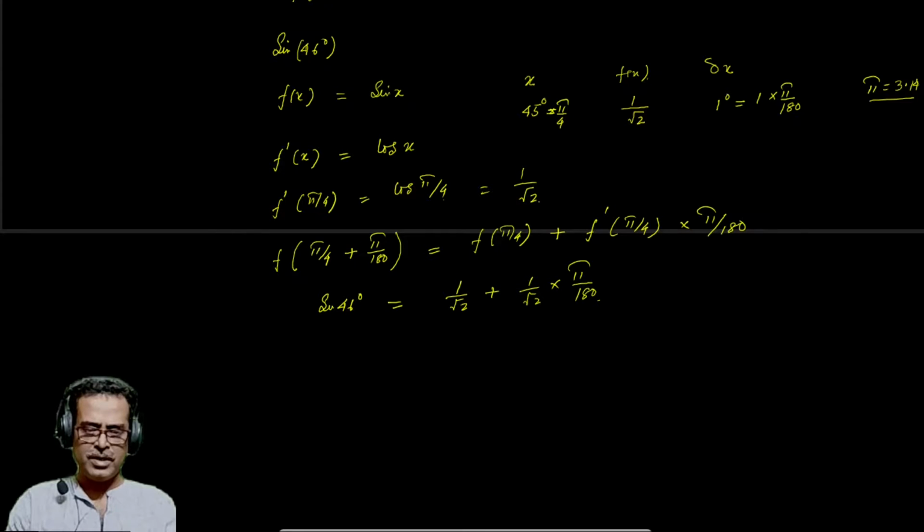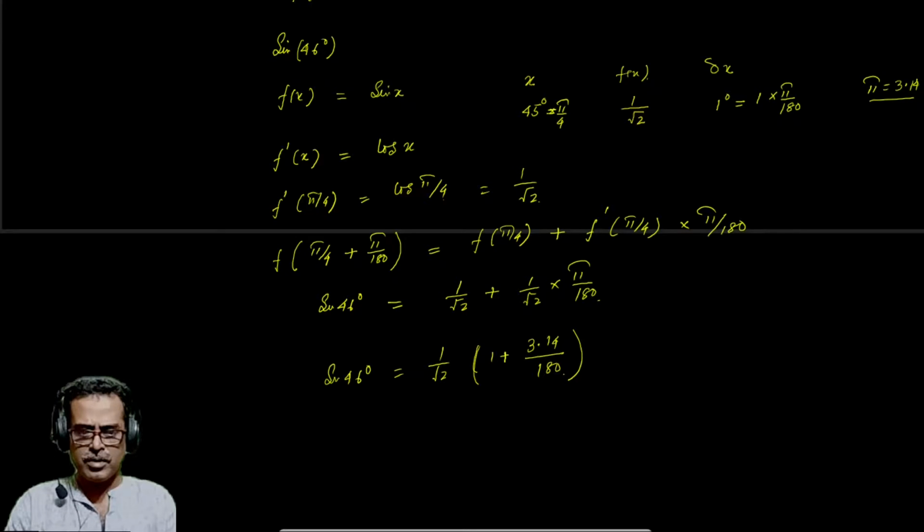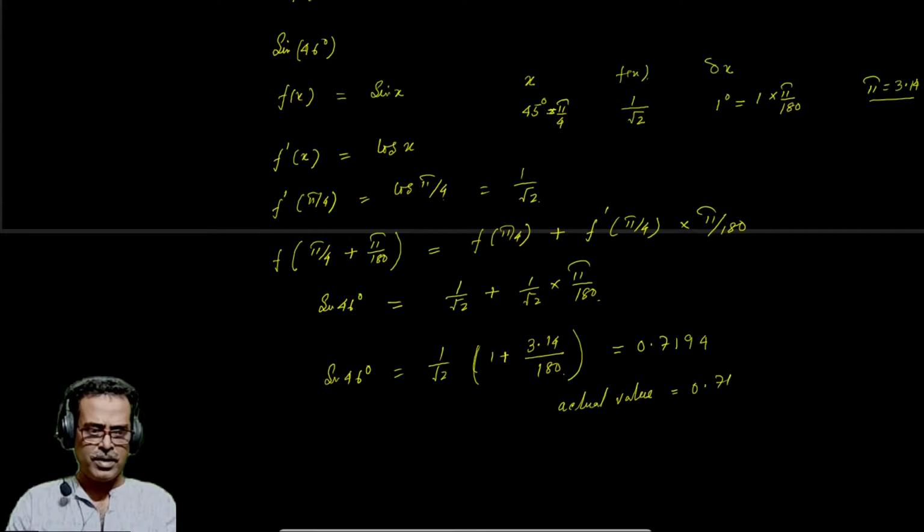So sin 46 degree is equal to 1 by root 2 into (1 + 3.14 divided by 180), which is equal to 0.7194. What is the actual value? The actual value is 0.7193. So we can approximately take this value.